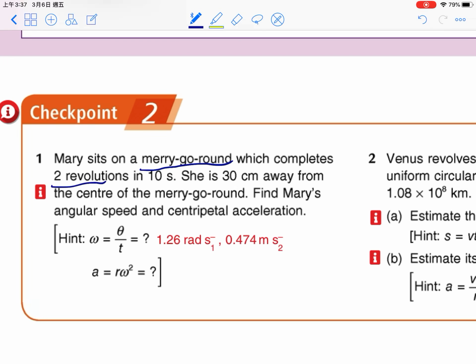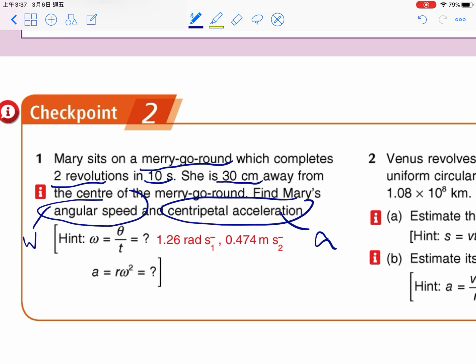Merry-go-round again. 2 revolutions, 10 seconds. Radius is 30 cm from the center of the merry-go-round. Find the angular speed omega, and find the acceleration a.